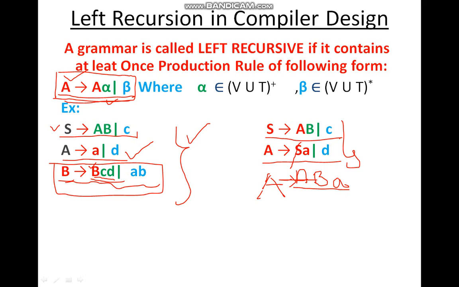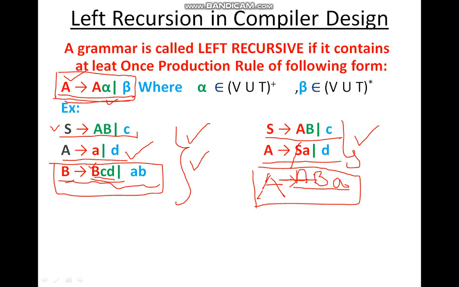Now this is causing left recursion. So this is called direct left recursion, and this is called indirect left recursion. In indirect left recursion, if you directly watch your grammar, it will not show you any sign of a left recursive grammar. So you need to substitute alternatives in order to find out whether the grammar is left recursive or not.